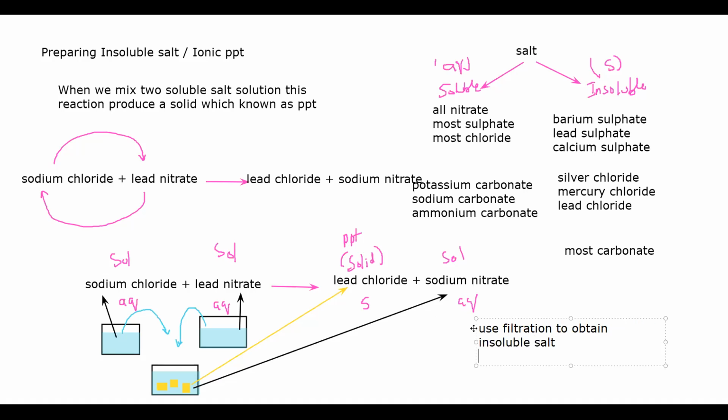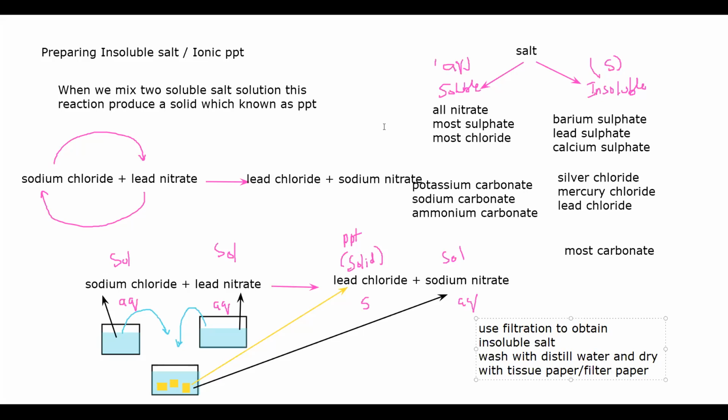This salt may contain some impurities, so we can wash with distilled water and dry with tissue paper, or you can also use a filter paper. So use filtration to obtain the insoluble salt when you wash with distilled water.